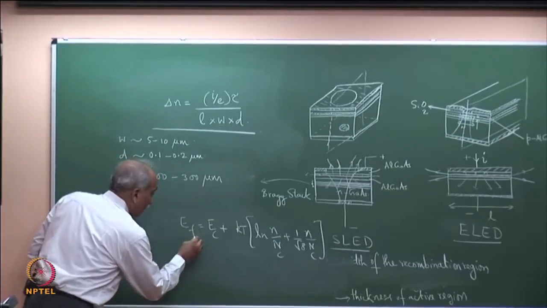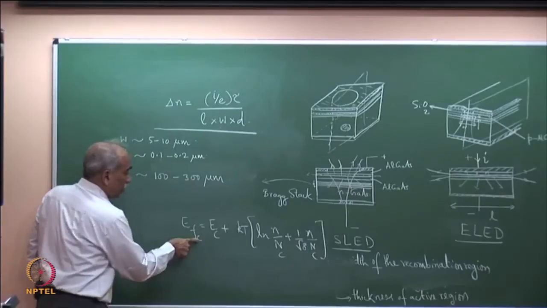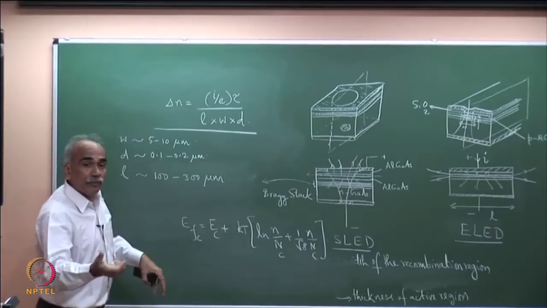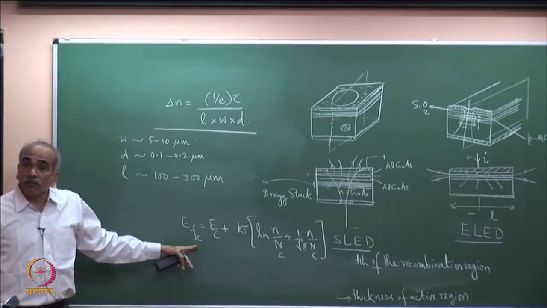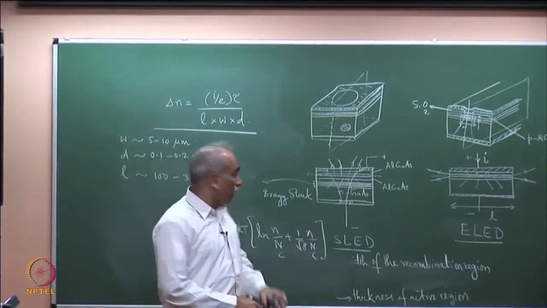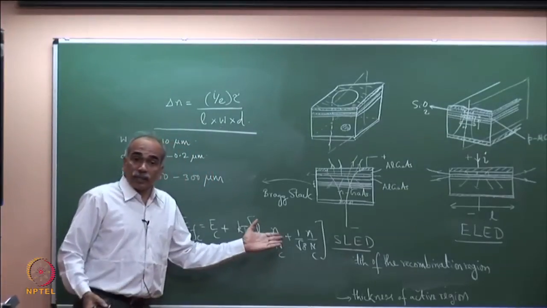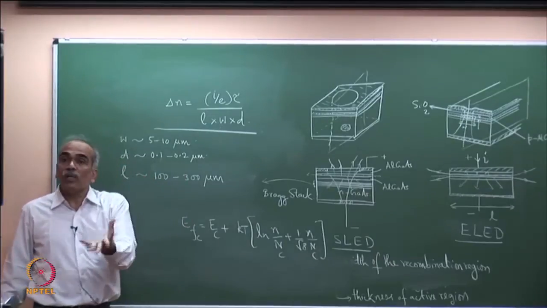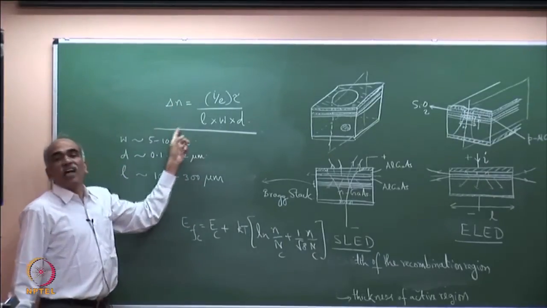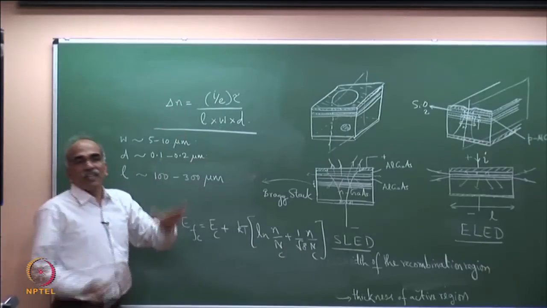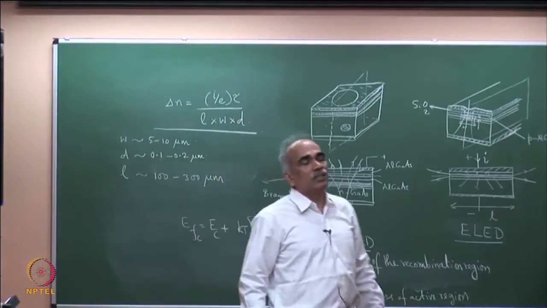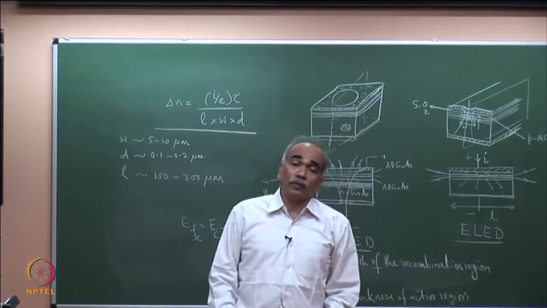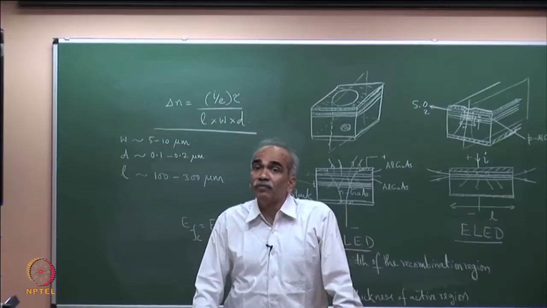So EF, when in quasi equilibrium, is EFC, and the separation between EFC and EFV will increase if delta n becomes large. It depends on delta n, not the current, and therefore, even by passing a small current, you can achieve a large value of delta n, so that the separation between the Fermi levels can be large. Why do we want a larger separation between Fermi levels?